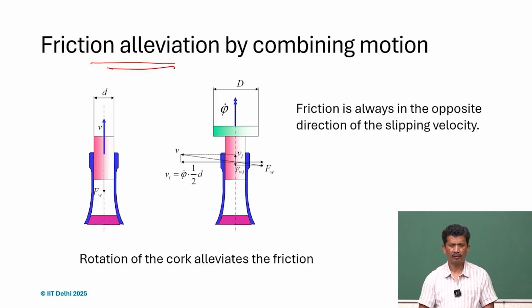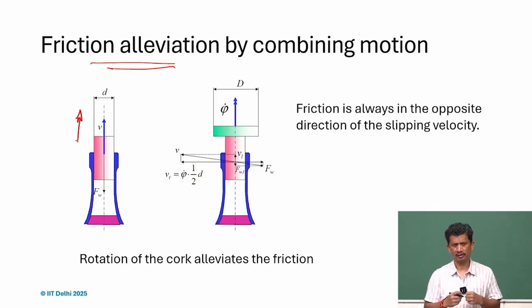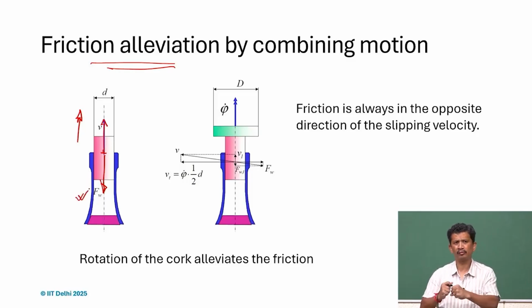A very common example, which we do many times whenever we try to pull out a cork or something stuck in a bottle: if we just try to pull, the intended motion is just along the bottle, in this direction. Of course, the entire friction force will be working against it, and sometimes that is too big and we may not be able to pull it out.